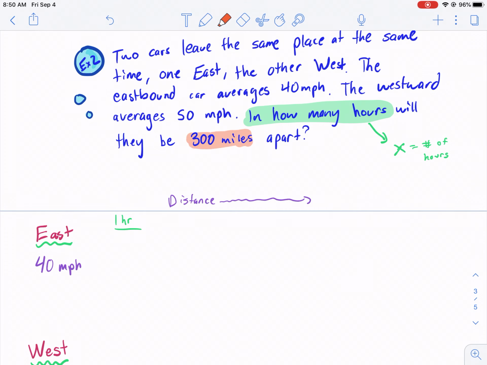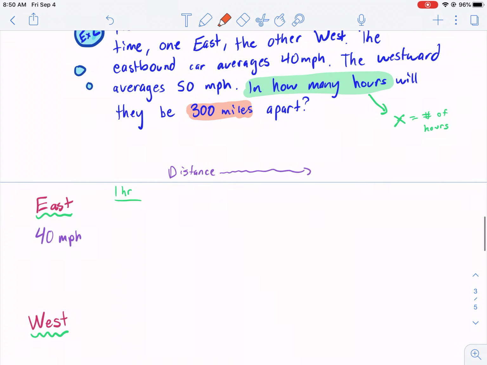We want to know when they get 300 miles apart. So let's find out how far it's going per hour, in terms of the number of hours. After 1 hour, this eastbound car goes 40 miles. How do we know this? Well, if it's going 40 miles per hour, we multiply it by 1 hour, and we get 40 miles.